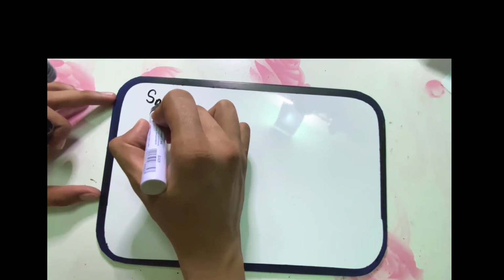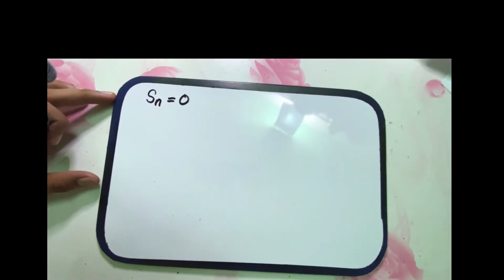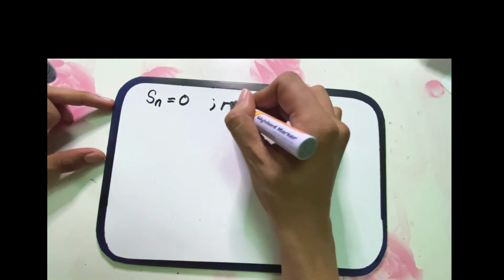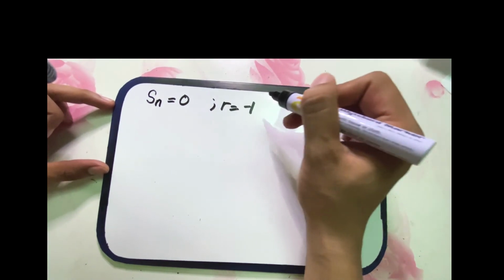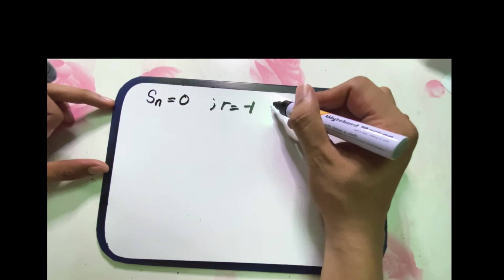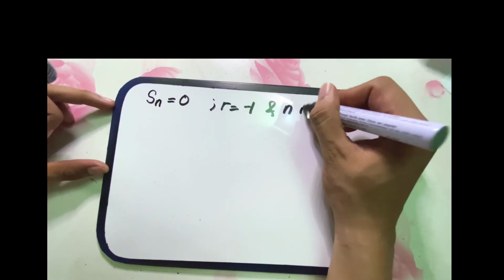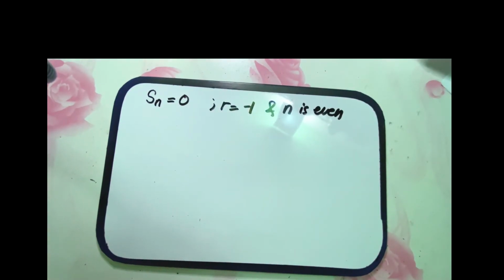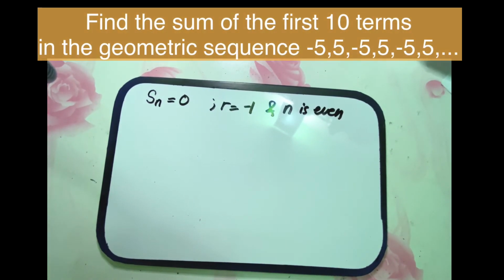Okay, let's have number 4 or the fourth formula. S sub n equals 0. When can we use this formula? If our ratio is equal to negative 1 and n is even, where n refers to the number of terms. For example, find the sum of the first 10 terms of negative 5, 5, negative 5, 5, negative 5, and so on.